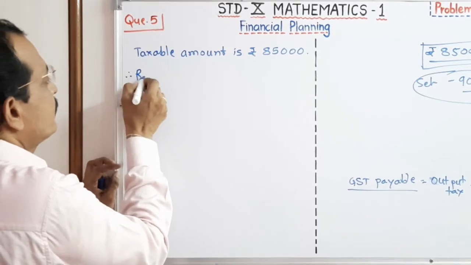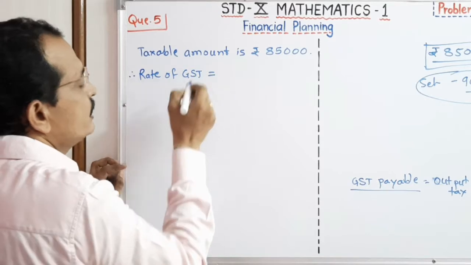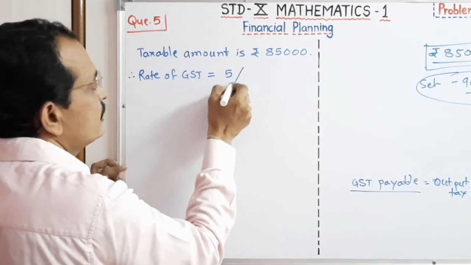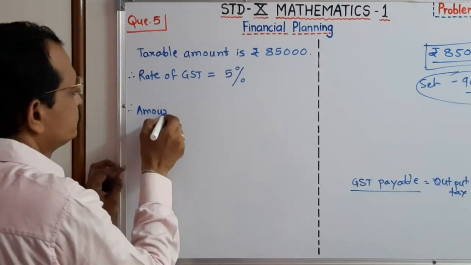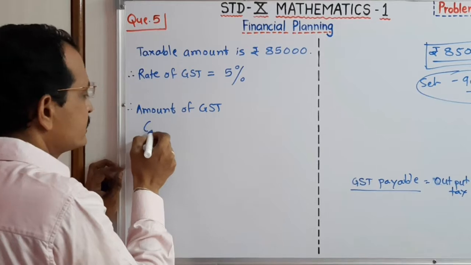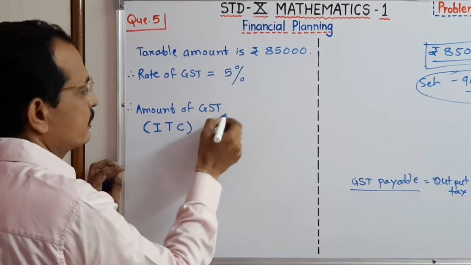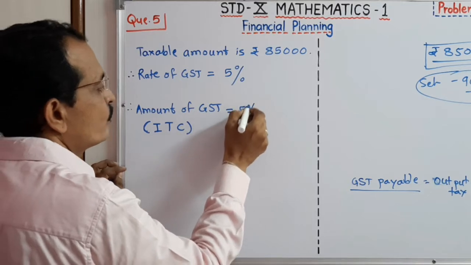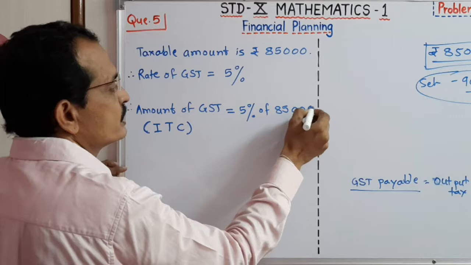Therefore, the rate of GST is equal to how many percent? 5%. Therefore, amount of GST, or we can say that it is input tax credit, is equal to 5% of 85,000.